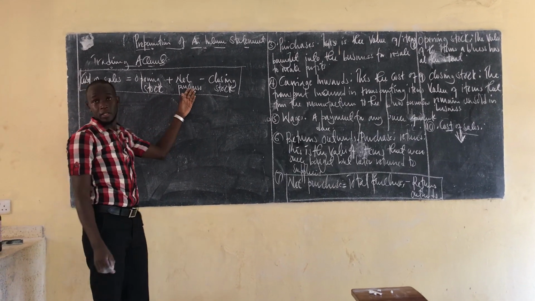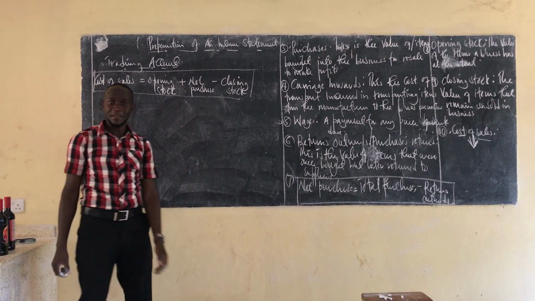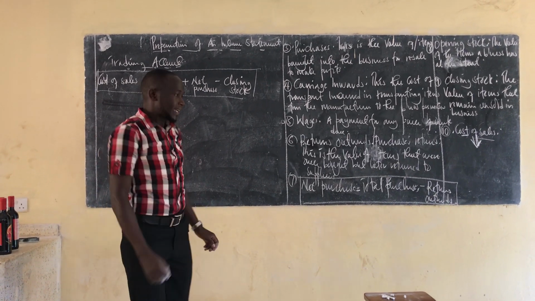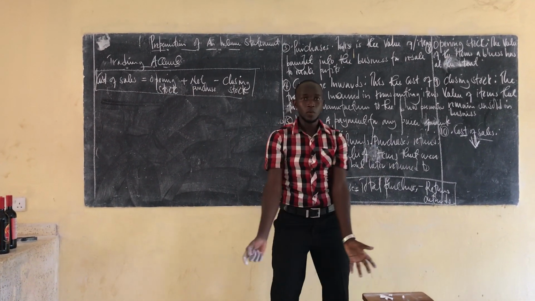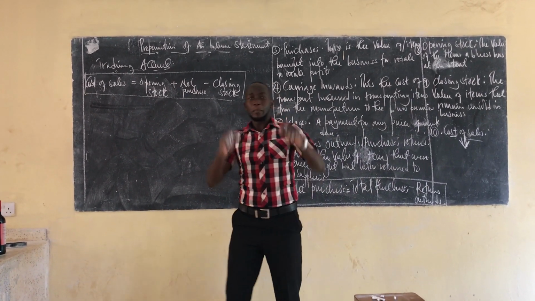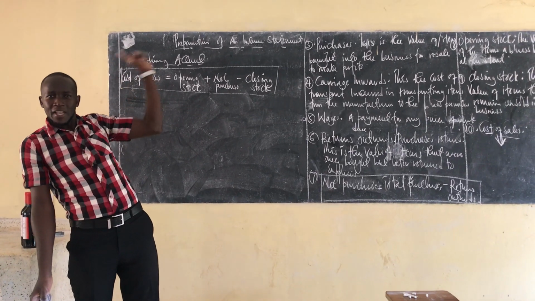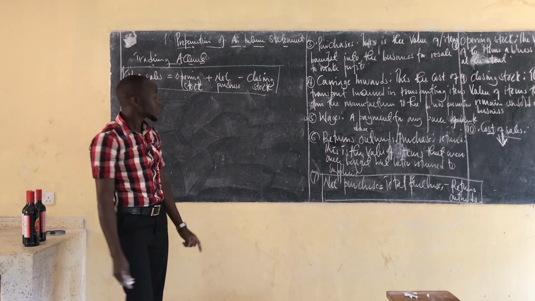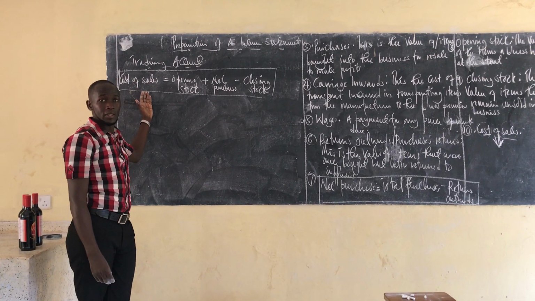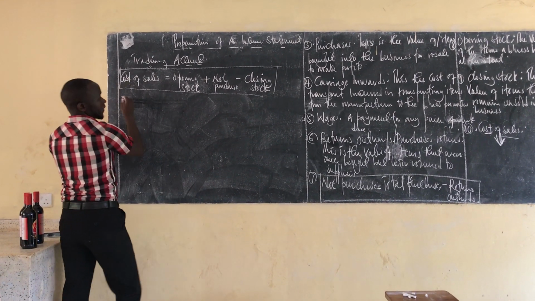You know what net purchases are, you know what closing stock is, and you know what opening stock is. Get the items that you start with, add on what I've purchased, and then deduct off what remained unsold in the previous trading period. In that sense, you're going to find out what exactly the cost of sales is. This was the 10th.